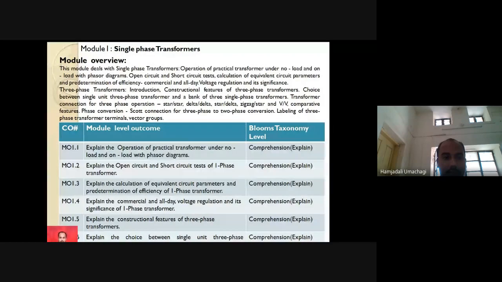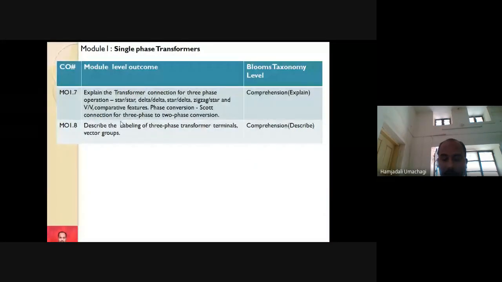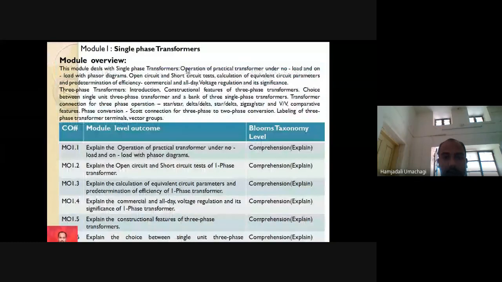So the syllabus I told you in the beginning is here. Operation of practical transformers means module single phase transformer and three phase transformer. From this end to this end, this is the syllabus for your single phase transformer, that is operation of practical transformer under no load and on load with phasor diagrams, followed by open circuit and short circuit tests, calculation of equivalent circuit parameters, and predetermination of efficiency.